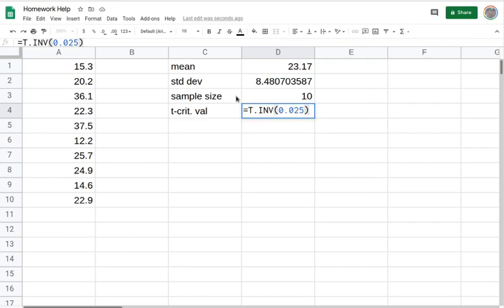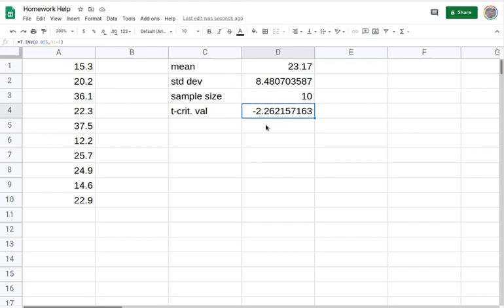The problem with this is it will give me the negative of my critical T value, but I can simply make it positive and use the positive version. So my degrees of freedom is the 10 minus 1. So I could type 9, or I could click on the cell that has my n, my sample size, and subtract 1. All right, so my critical value is actually the positive 2.26.